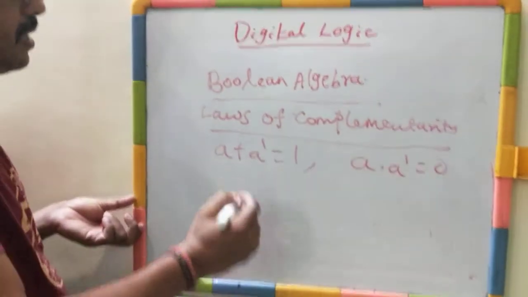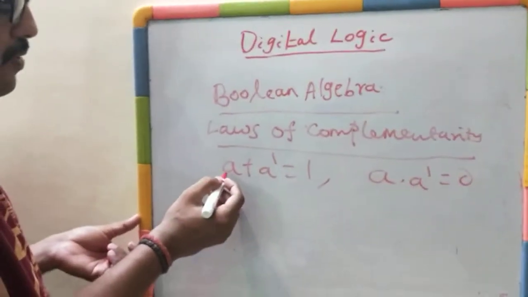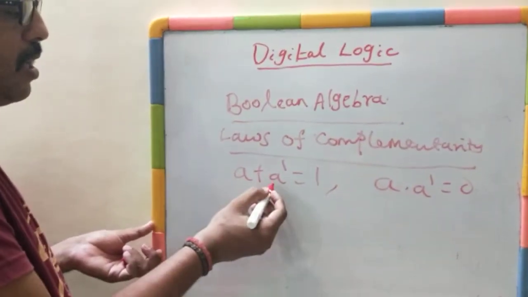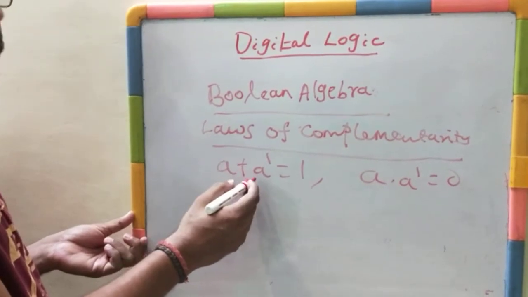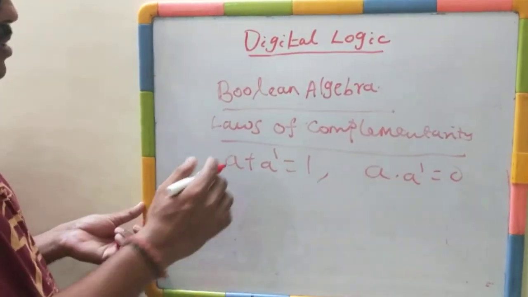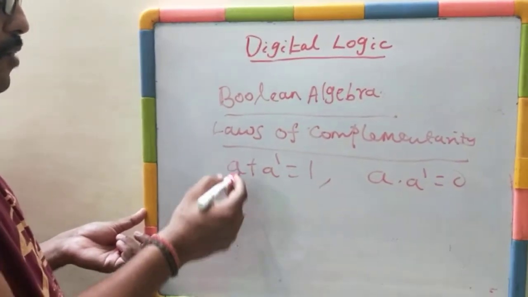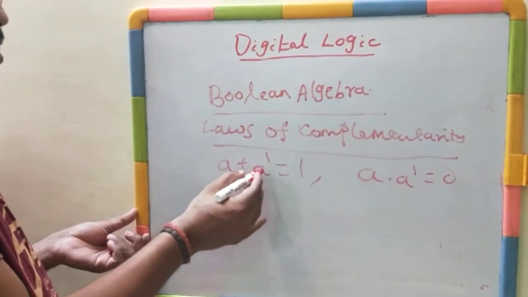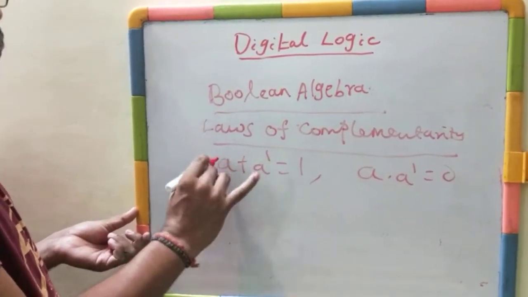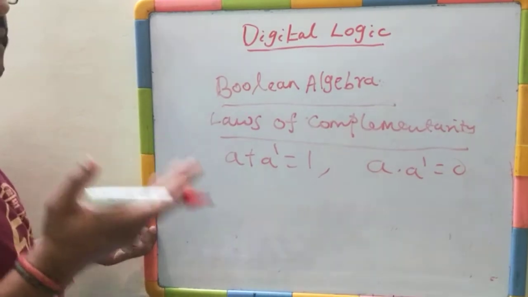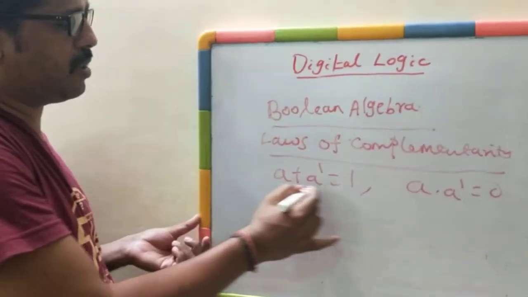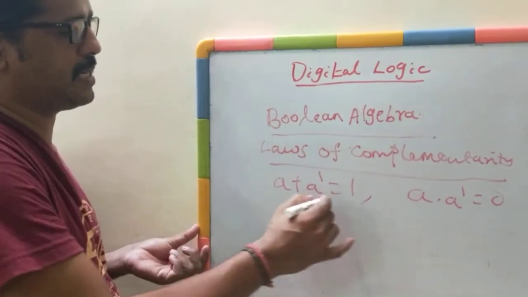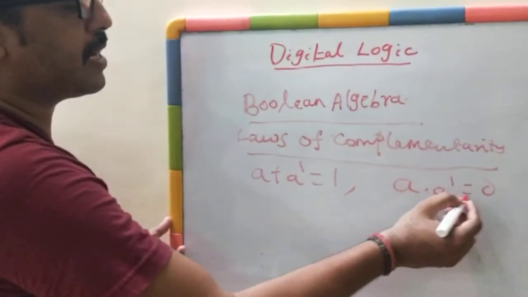So it can be easily understood. For example, if you take the value of A as 0, its complement, that is negation of A, is 1. So 0 plus 1 is 1. If you take A equal to 1, the complement A' becomes 0. So complement is nothing but changing zeros to ones and ones to zeros. So this property is satisfied. Here A · A' equal to 0.